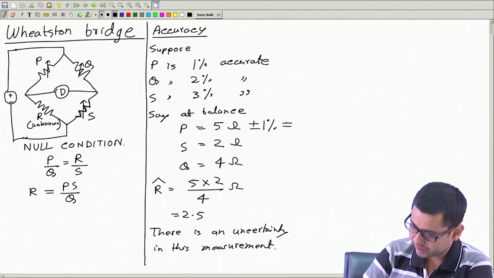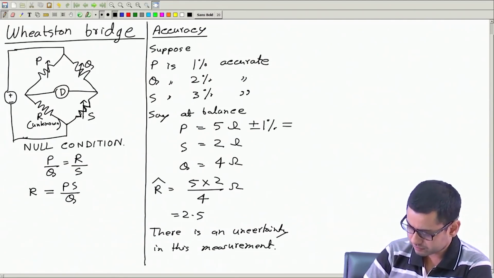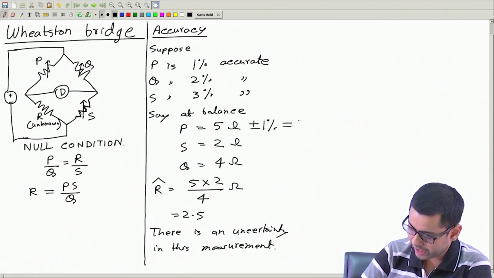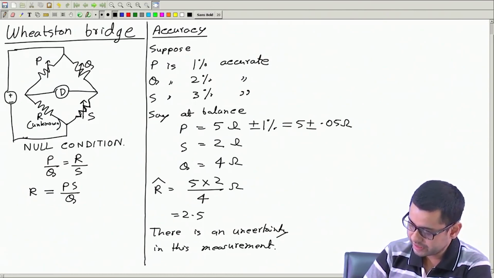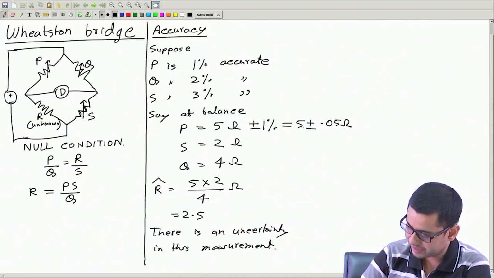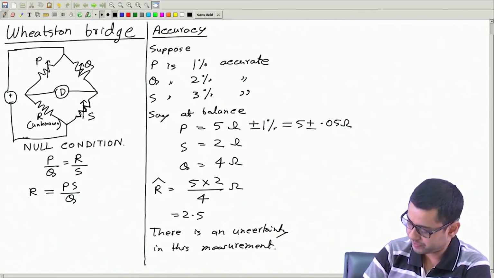So, this is 5 plus minus, 1% means 0.05 ohm. This is the range of P within which P must lie. So, P must lie between 4.95 ohm and 5.05 ohm.